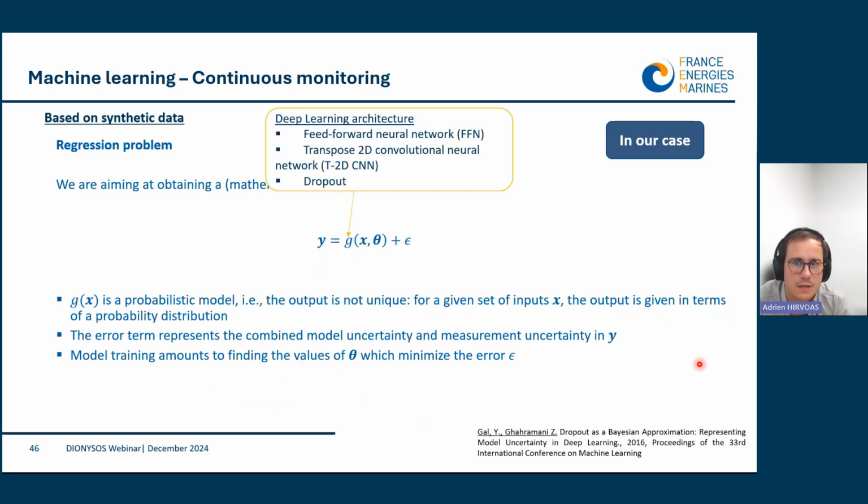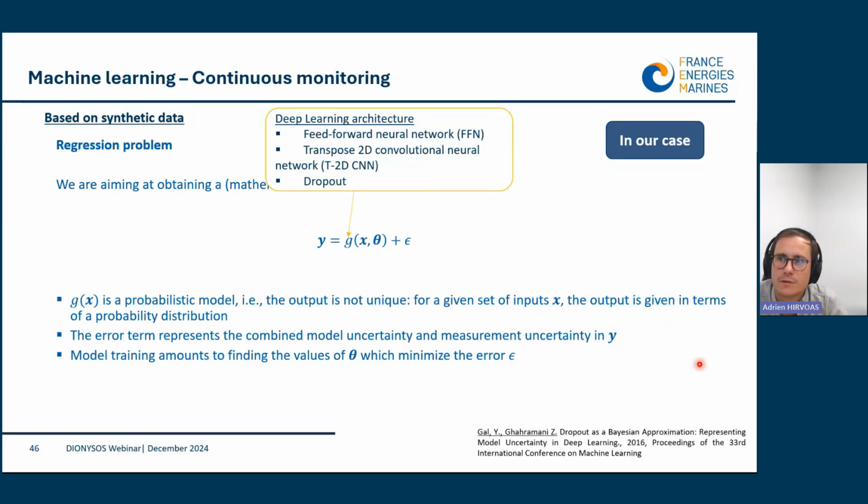To take into account the probabilistic point of view, we decided to use a deep learning architecture. We used a feed-forward neural network coupled with a transposed 2D convolutional network. But the main idea was to use a dropout.